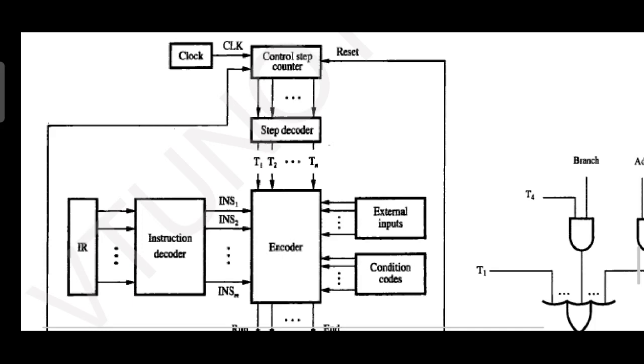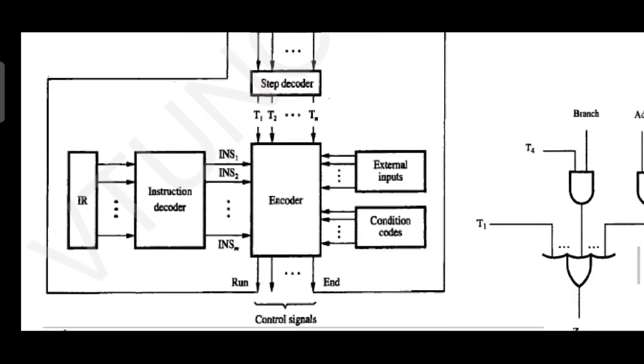We have a combination of instruction decoder and encoder circuit. They are associated with the instruction register. It may take external input or conditional input. External inputs are things like pressing a button while transferring the data, or sending additional data. Conditional codes are nothing but flag bits. They are the indicators.